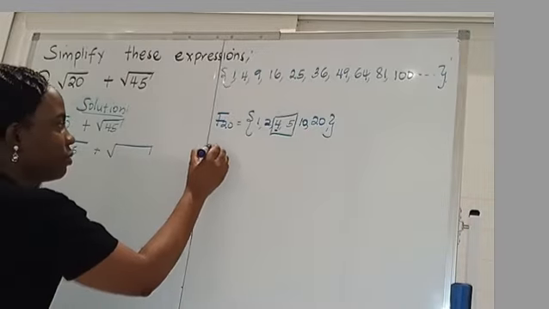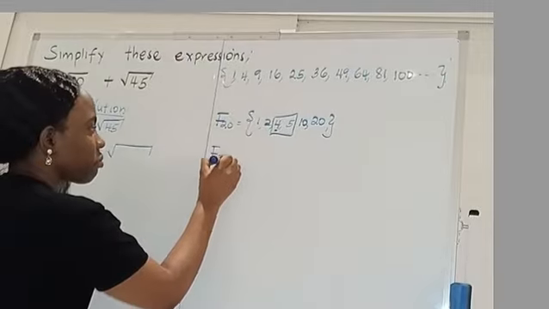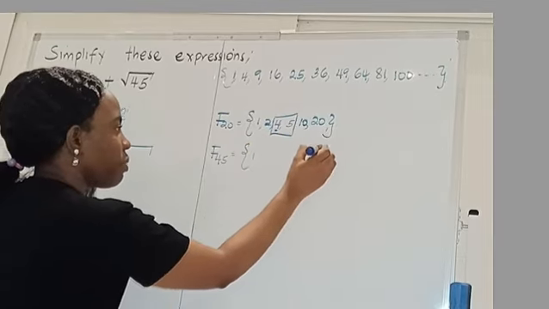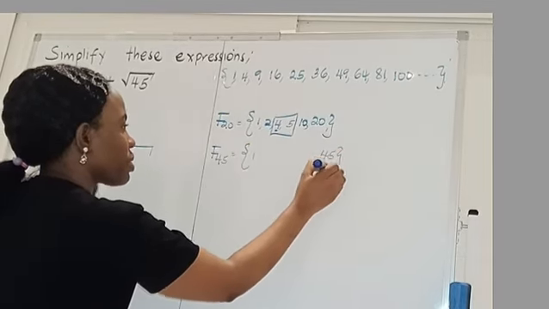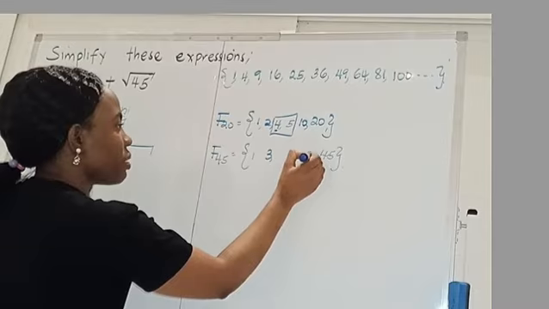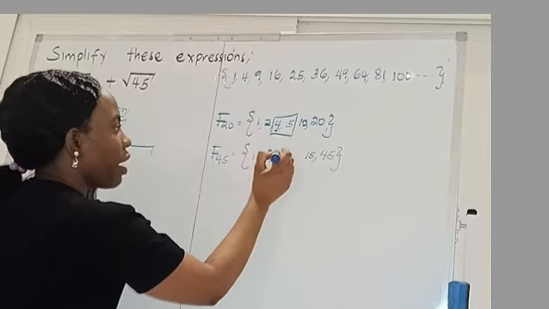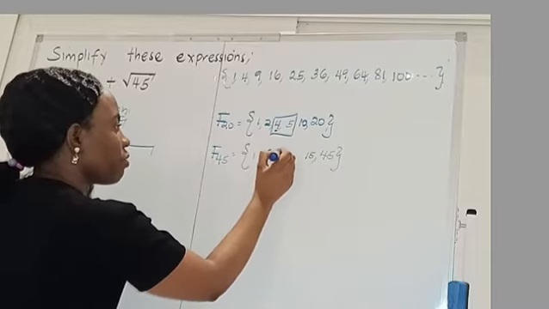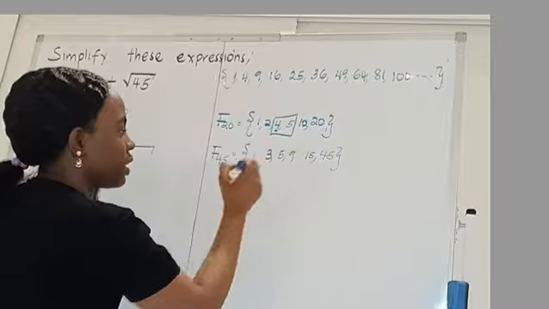We have 45 times 1. We have 3 times 15. Then we have 5 times 9.